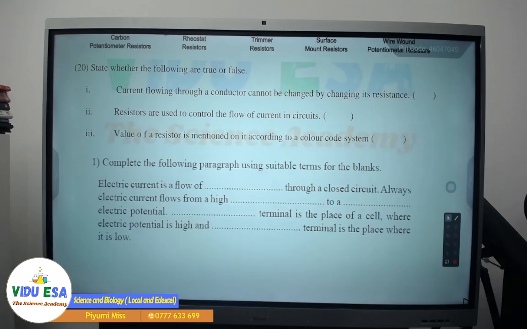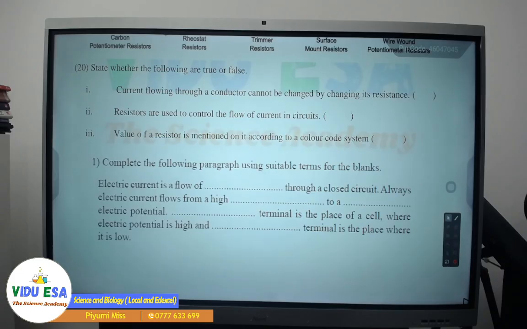Okay, very good. You were supposed to talk about the electric current. Okay, good. So both Chanudri's and Evni's presentations are good.